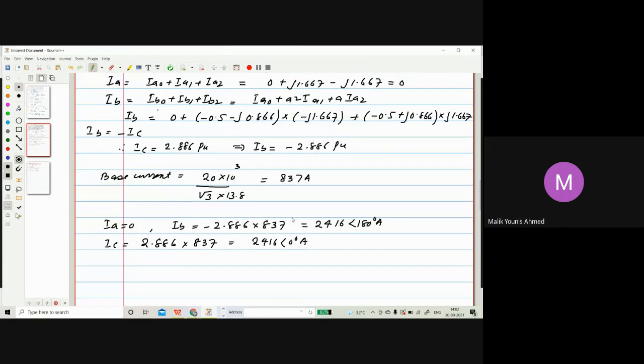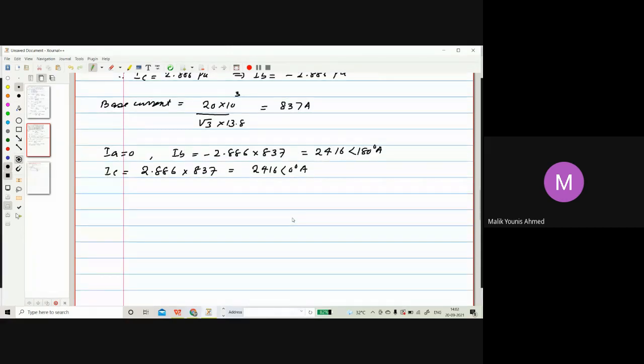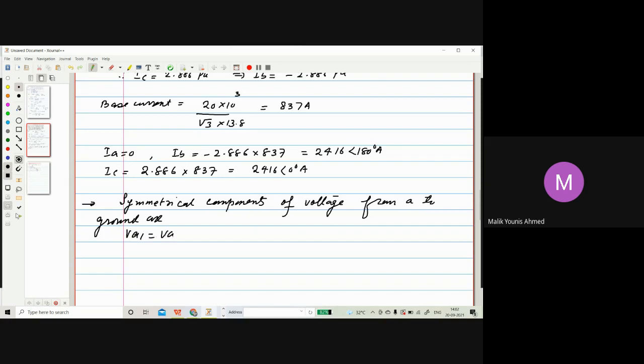Okay. So next is symmetrical components of the voltage from phase A to ground. VA1 is equal to VA2.